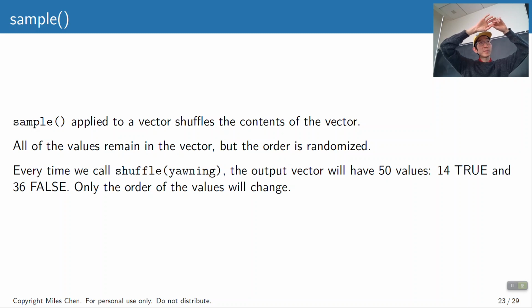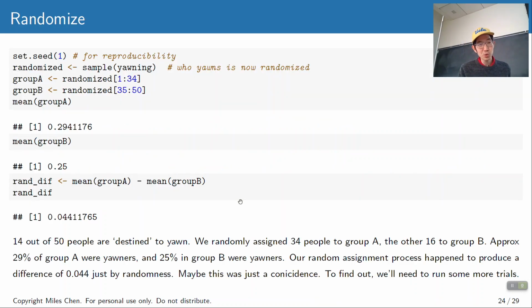14 of those values are true, and we're just going to shuffle the order of those 50 values, and those 14 true values are going to end up in different places in the vector. So we're just going to shuffle those 50 values whenever I call sample. Here is one result of the shuffling process.